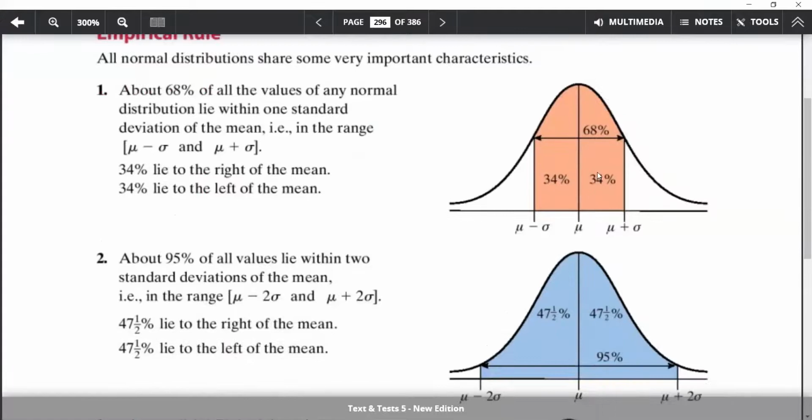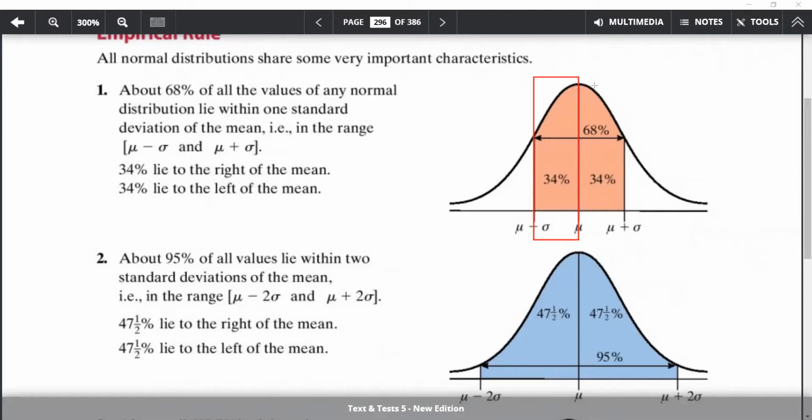And within that, you can see that 34%, or half of 68, will lie between the average and one standard deviation above. These are symmetric distributions, so you have the same number of babies of a particular birth weight between average and plus one standard deviation as there are between average and minus one standard deviation.